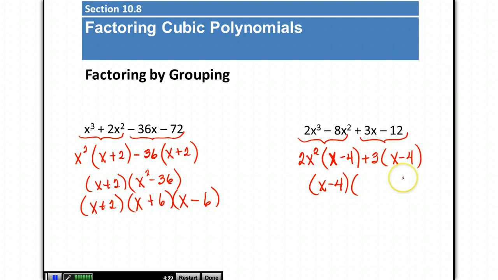And what goes in my other parentheses? 2x squared plus 3. Can I factor this binomial out? No. We can only factor out difference of 2 squares, or sum or differences of cubes. And this is a sum of two squares, so it will not factor out.